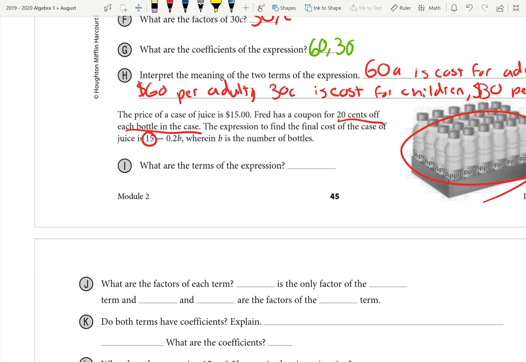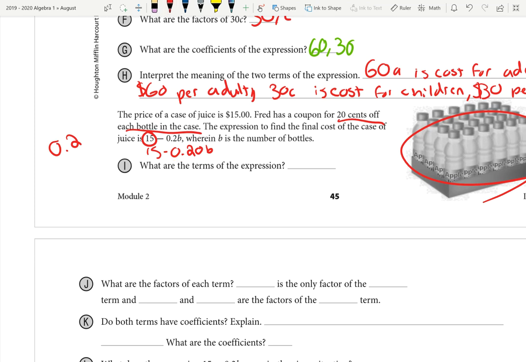And why is it 0.2b? Well, 0.2 is equivalent to 0.20, which is 20 cents. So some of you might prefer, instead of writing 15 minus 0.2b, you might write 0.20b, because then it looks like 20 cents per bottle. But it is the exact same thing as what they wrote.